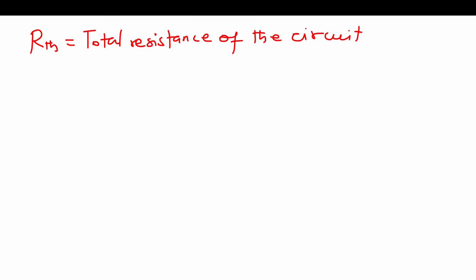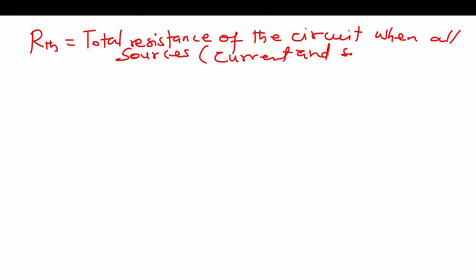But one thing I need you to never forget is that the RTH is equal to the total resistance of the circuit when all sources, when I say sources, I mean both current sources and voltage sources, have been deactivated.